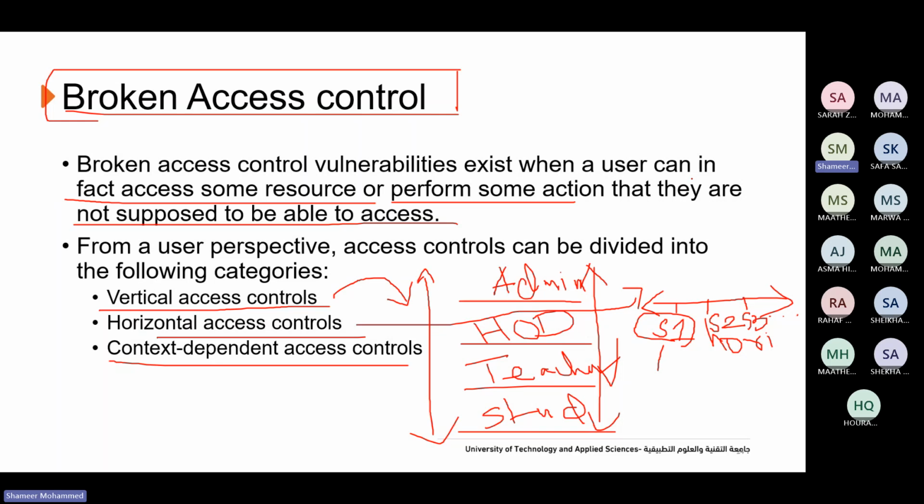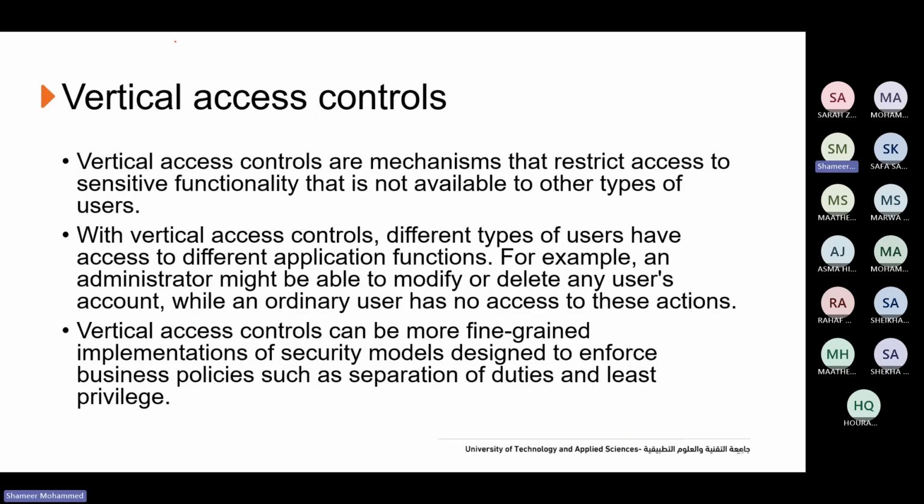You understand the difference now between vertical access and horizontal access. So vertical access is that one only. See the example here: an administrator might be able to modify or delete a user account, while an ordinary user has no access to these actions.